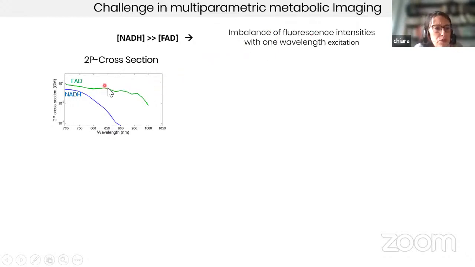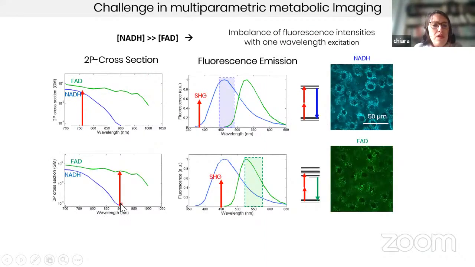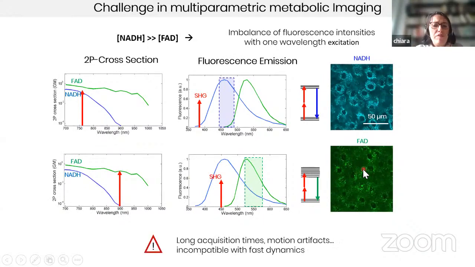So what people usually do is excite at around 750 and collect in the blue for NADH, and then they move to 900 and collect in the green for FAD. This is of course possible, but for very dynamic systems, you have moving artifacts. It's very hard to get the same image in the same region of interest.